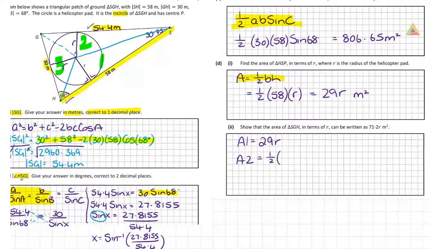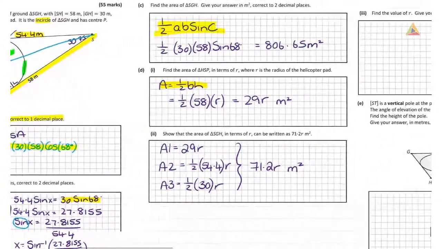So again, this time it's half of 54.4 times my radius, and my area 3 is going to be half of 30 times my radius. So in each case, the radius is perpendicular to the line, the tangent. So putting all of these together, we're summing them all together, remember, we should be getting 71.2R, and your units are going to be meters squared.